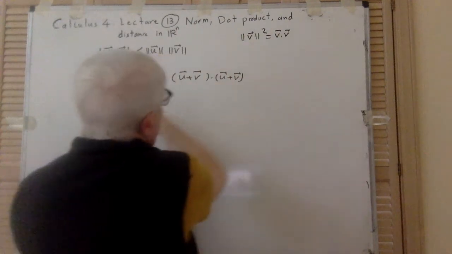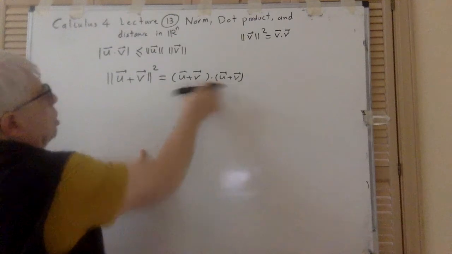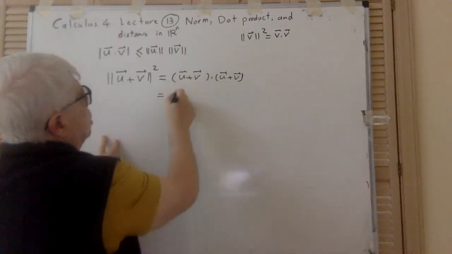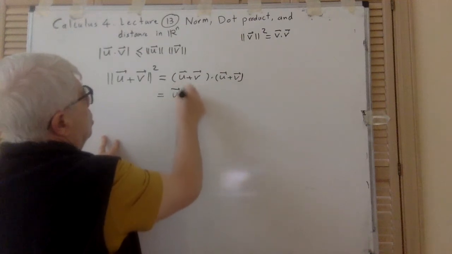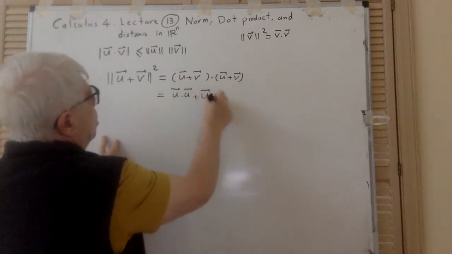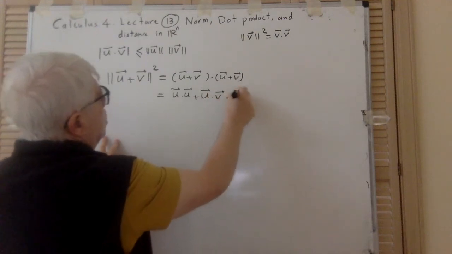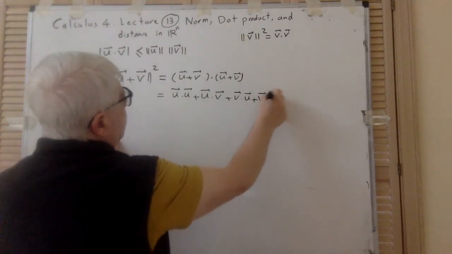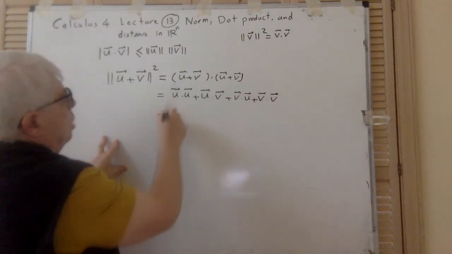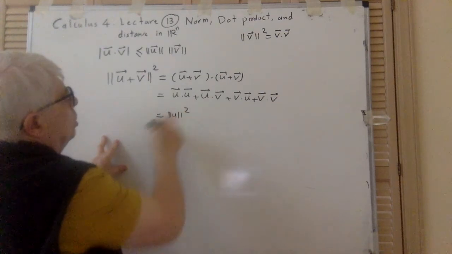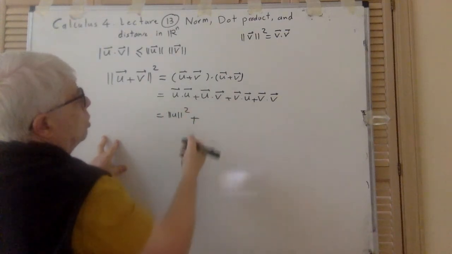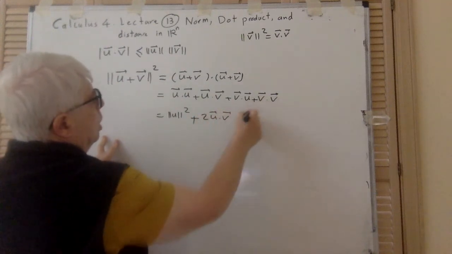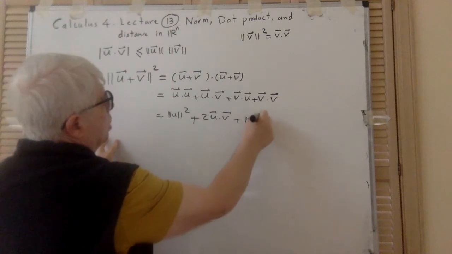It's this times itself. And we know that the dot product can distribute. So this is in fact u dot u plus u dot v plus v dot u plus v dot v, like foiling it. Now this one and this one are the same, you see, we can flip this thing. So we have 2 u dot v, and this one is the norm of v squared.